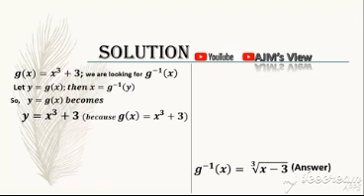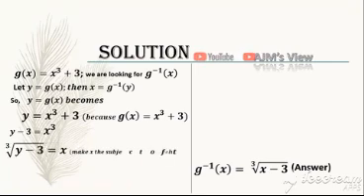Let's try to make x the subject of the formula, and the plus 3 goes to the left hand side and becomes minus 3. So we have y minus 3 equals x cubed, and we move further. The cube on x moves to the left hand side and changes to cube root. So we have cube root of y minus 3 equals x.